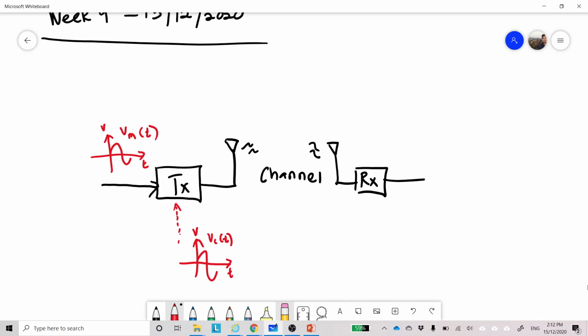Okay, so again, if I refresh about what we have learned so far from last week. Last week we have seen about the modulation process in the transmitter, where we have the input signal VMT and also the VCT, and we have learned about the output in the transmitter, which produces the VFMT.